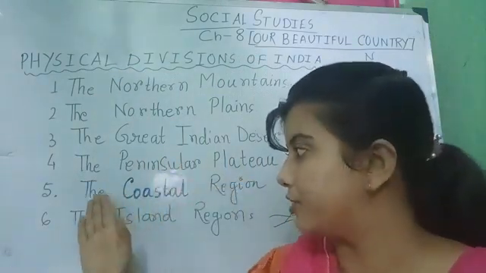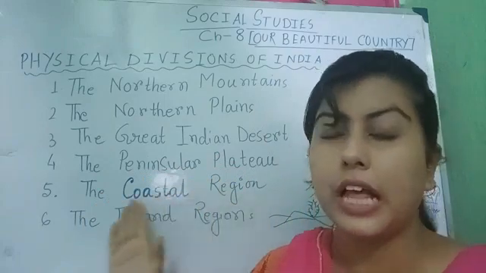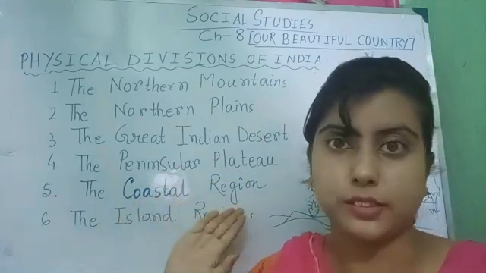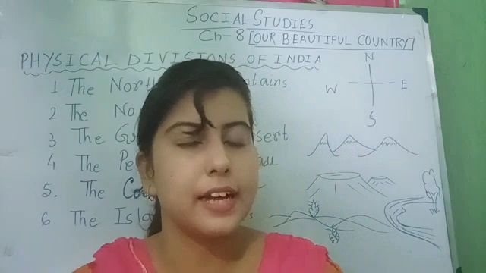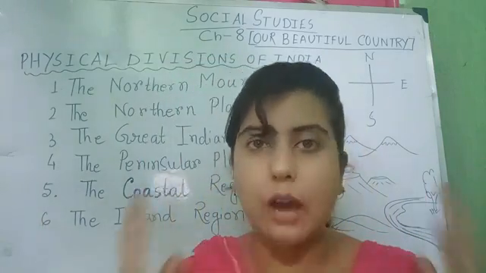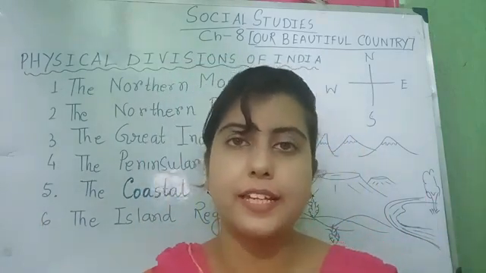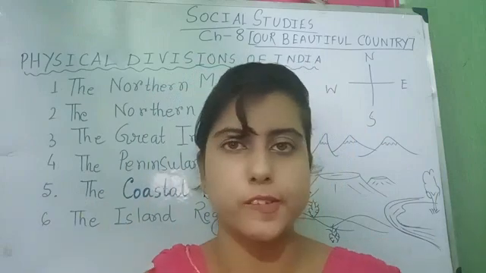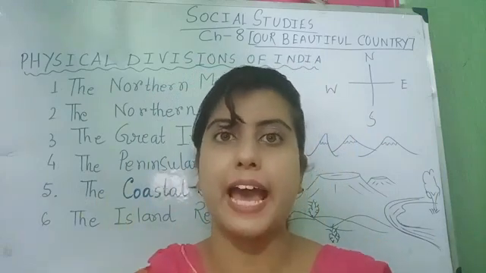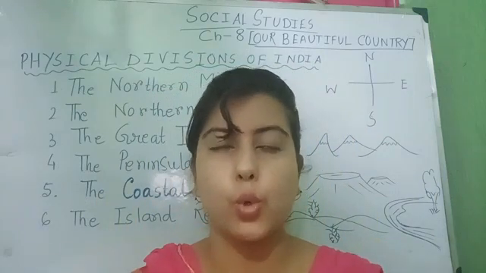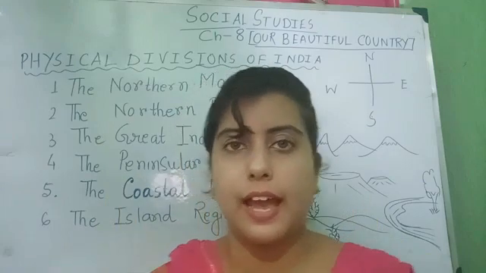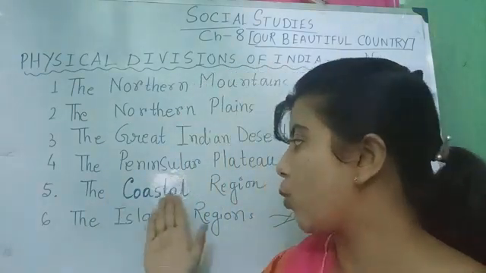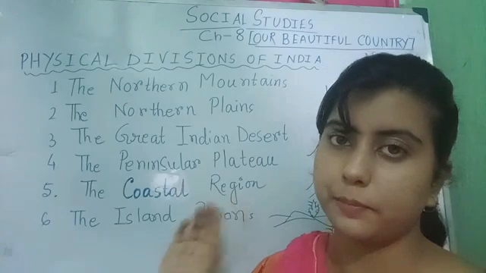Next, we have the coastal region. You know that our country is surrounded by different seas and oceans. So our country has coastal areas and that forms the coastal region.